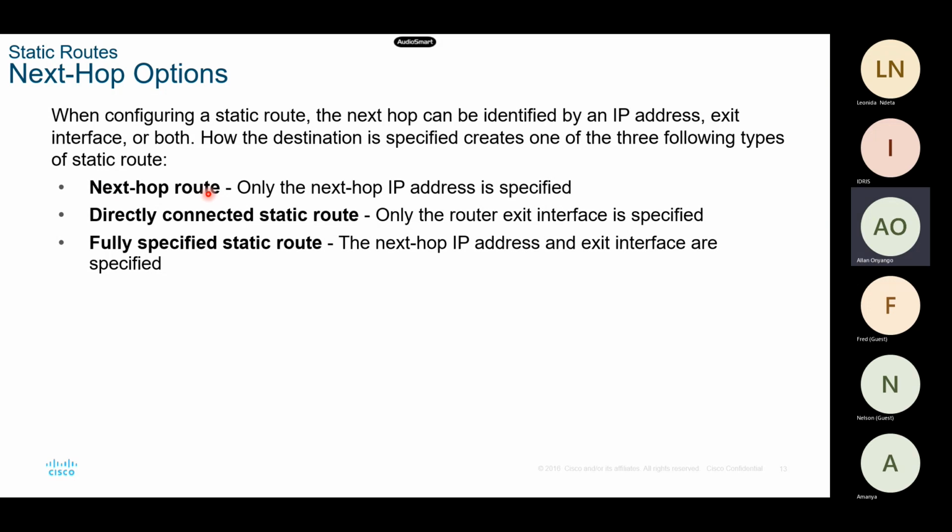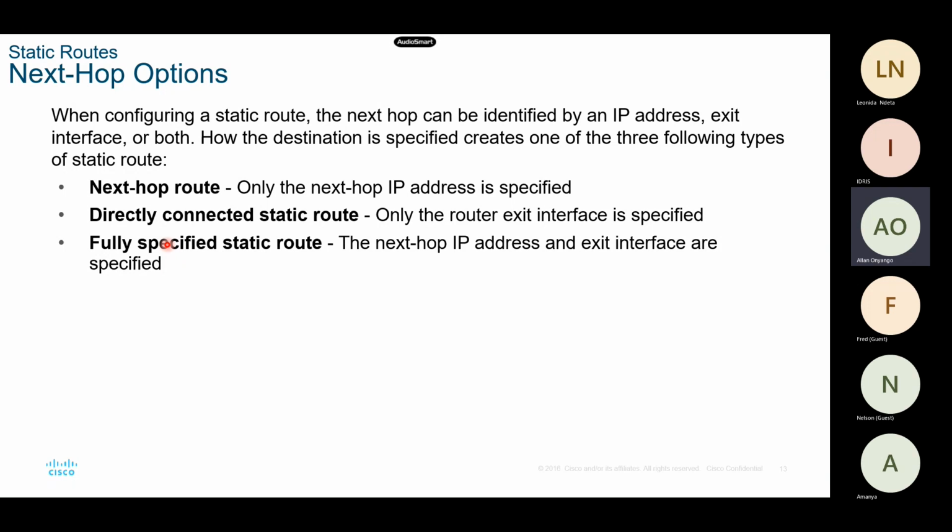It is not indicated here, but you'll hear people calling it a recursive static route. The next hop is also called a recursive static route or next hop static route, and I'm going to explain why it is called so. So that is next hop, where we use the next hop IP.